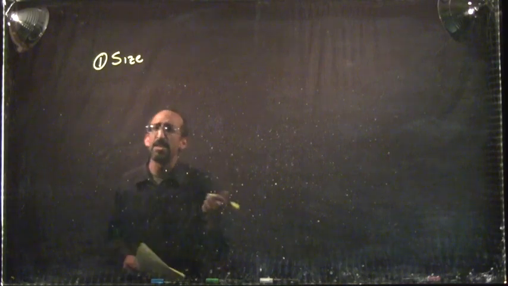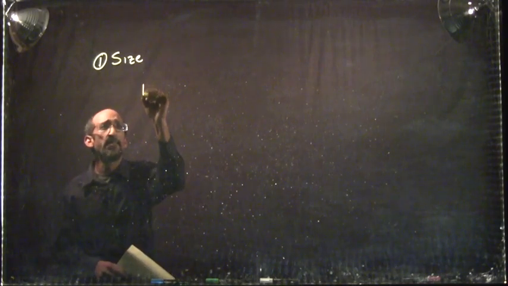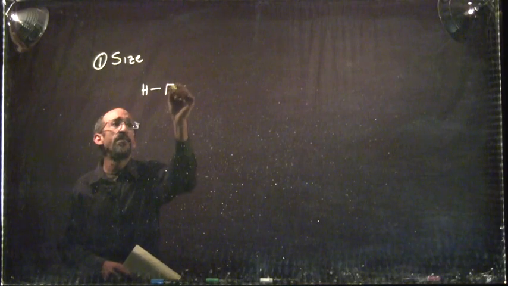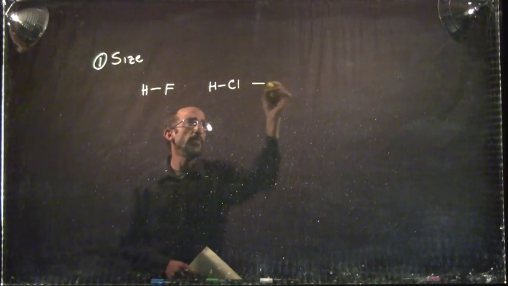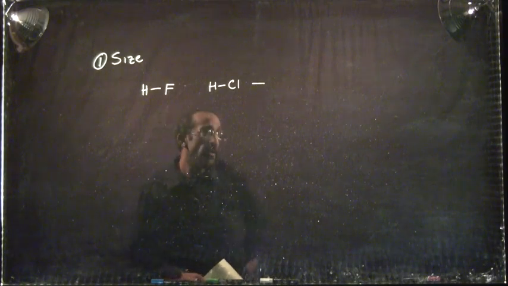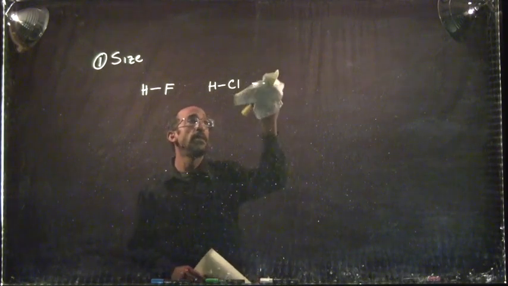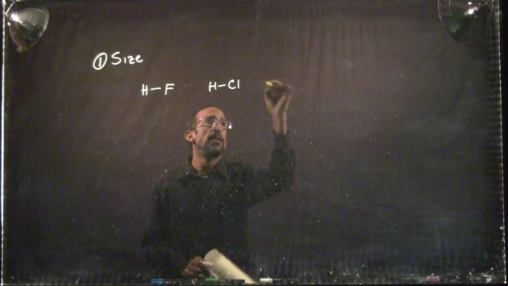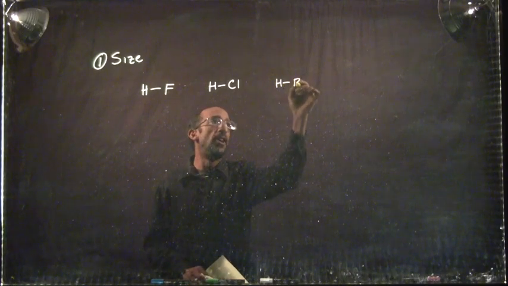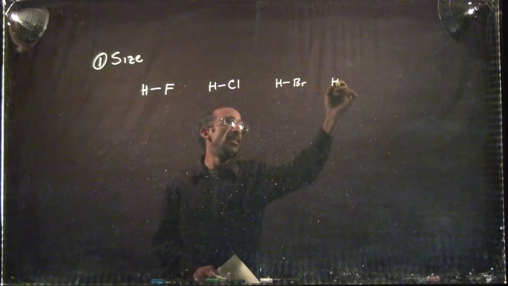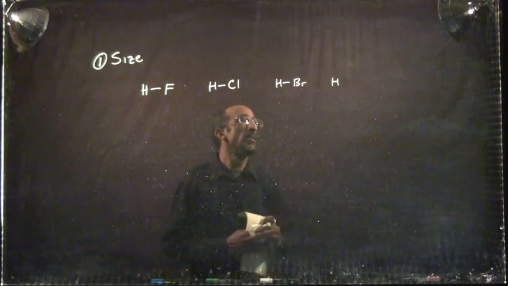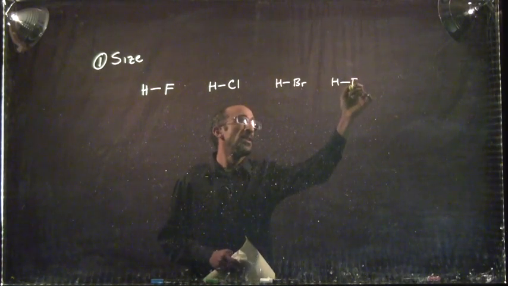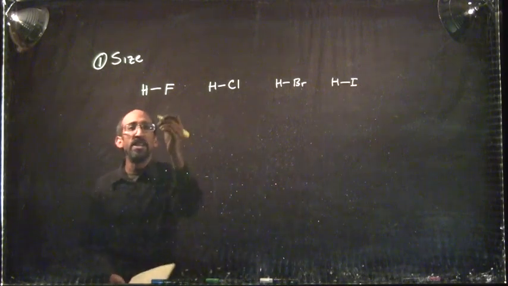And so if we list these out along with their pKa's, we'll go HF, HCl, HBr, and HI, and we're going to go ahead and put down their pKa's.